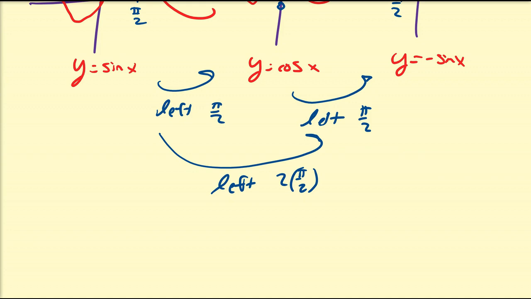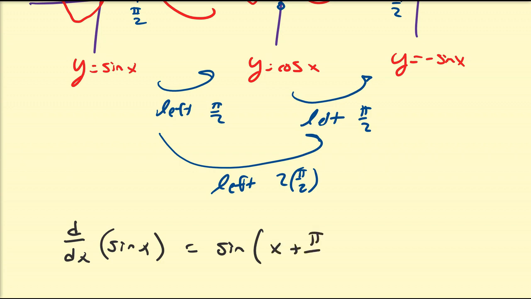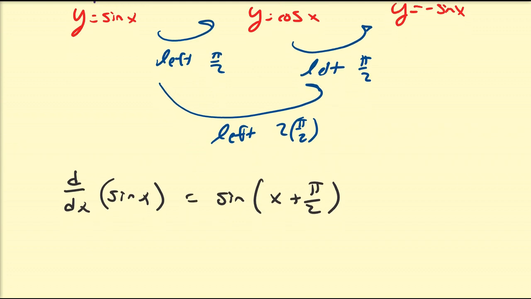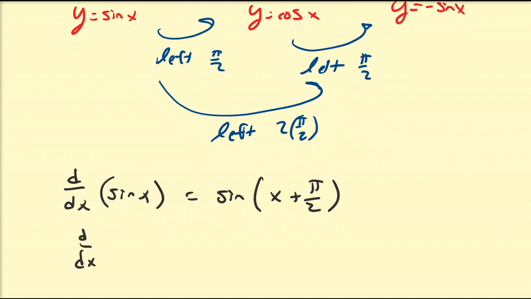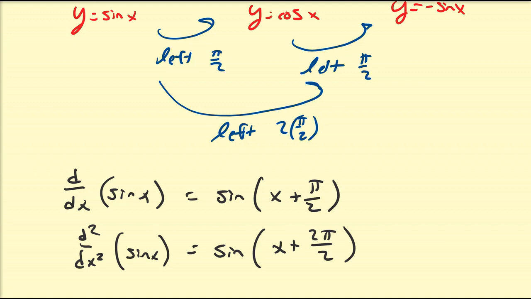So if we want to say the derivative of sine of x, this is just going to be equal to the sine. So how do we say left in horizontal transformations? That's just going to be x plus pi over 2. So we can say that the second derivative of sine of x is just going to be equal to the sine of x plus 2 pi over 2.